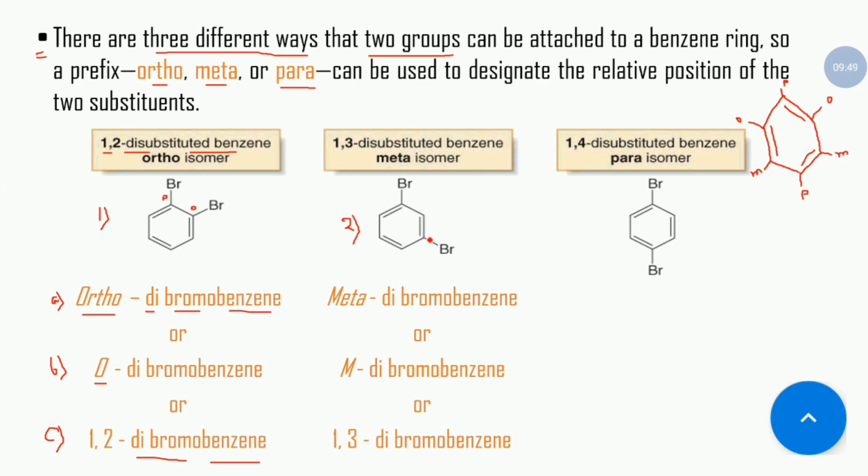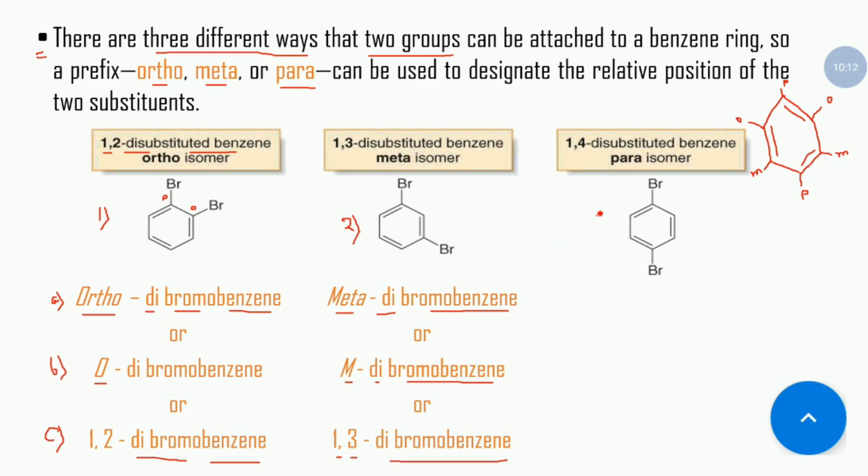So you write meta dibromobenzene, or you can write m-dibromobenzene, or just number those positions, 1, 2 and 3, so it's 1,3-dibromobenzene.